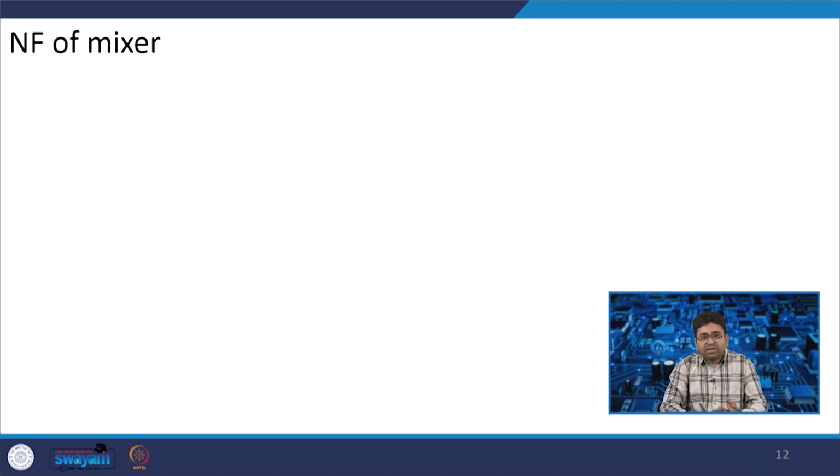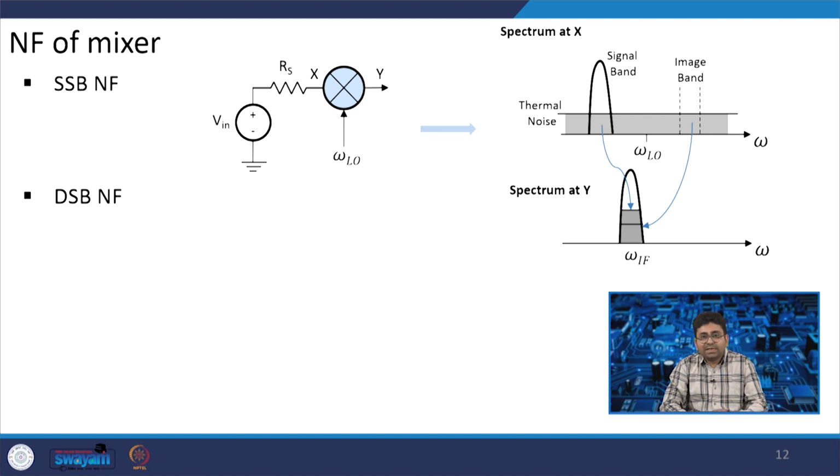Now, we will try to see the various parameters of a mixer. One of the basic parameters of a mixer is the noise figure. While looking at the mixer noise figure, if you draw the thermal noise over the entire frequency range, the thermal noise is spread over the frequency bands, and there is a signal band and an image band.